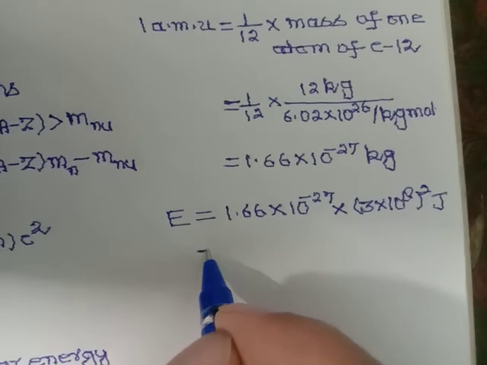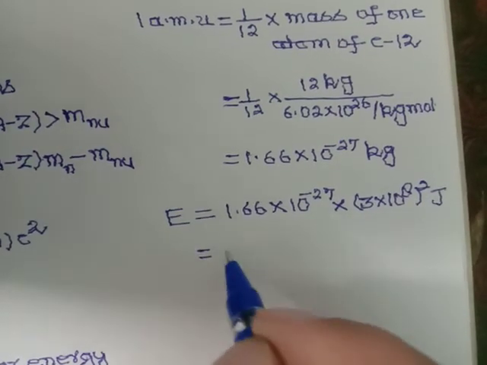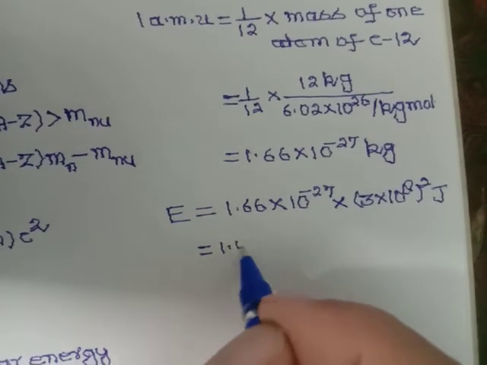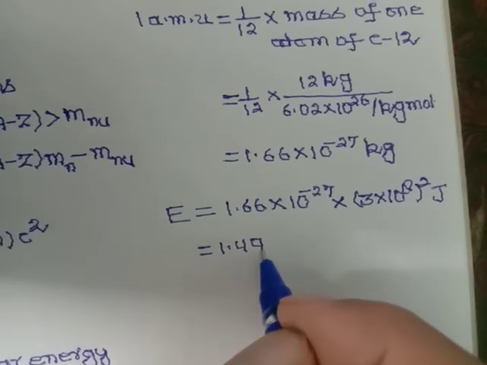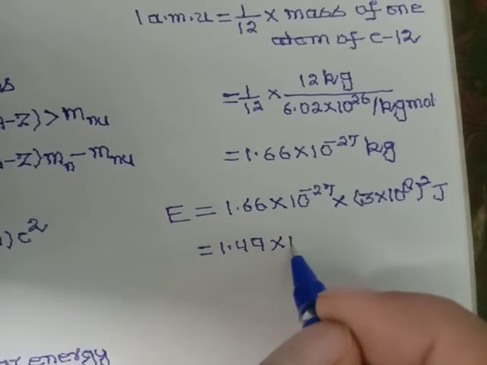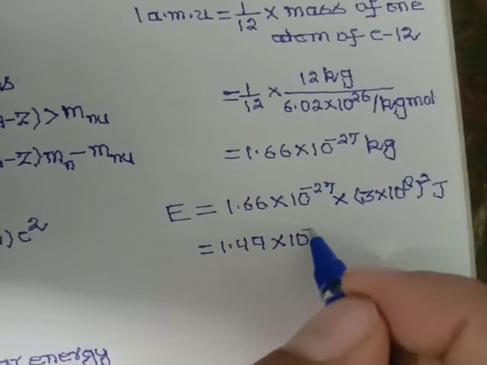And if we solve it, this is 1.49 into 10 to the power minus 10 joule.